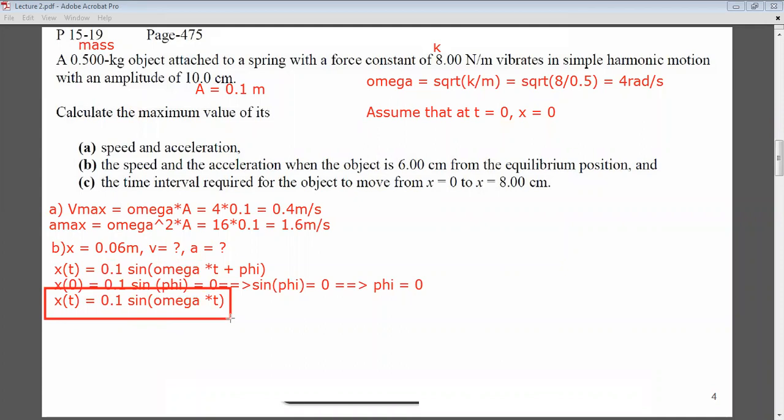x of t is 0.1 sine omega t. If this is x of t, then what is v of t? Here omega we can plug its value. Let's plug the value immediately.